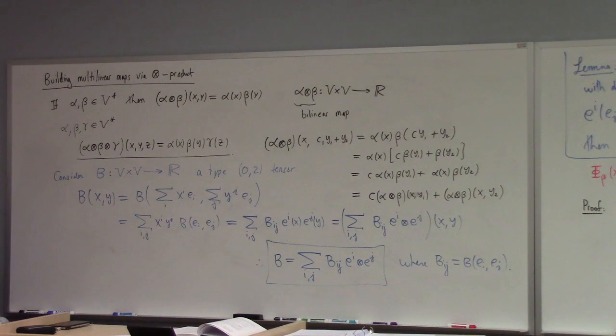So yeah, it looks like you're both right. We can't use a single pair of dual vectors, right? We need to add together a bunch of tensor products of dual vectors in order to get a bilinear map, right?